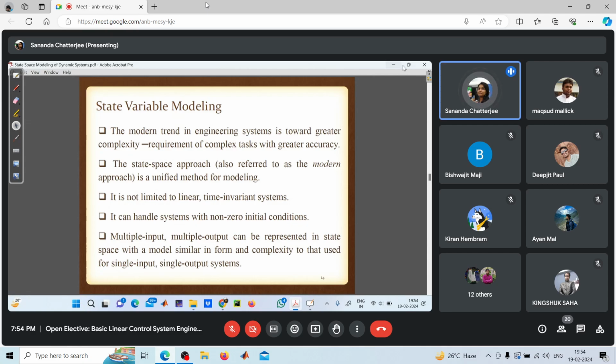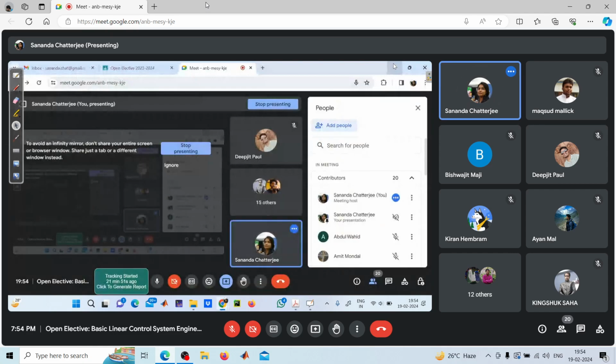Can you derive the transfer function model of a nonlinear system? No, we cannot. So the transfer function model is limited to systems that are linear in nature and time invariant in nature.